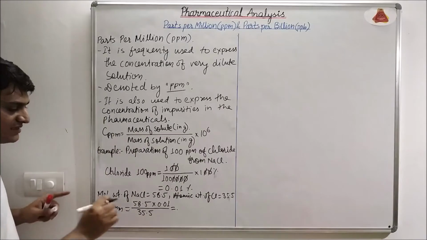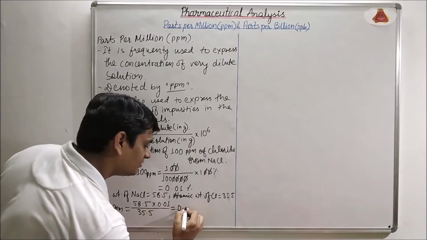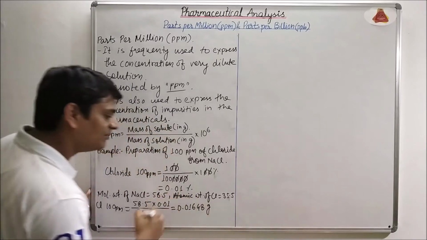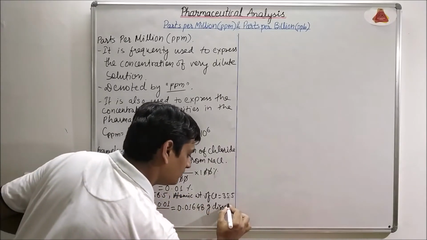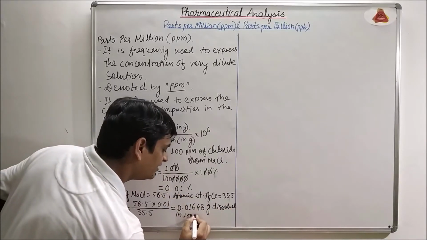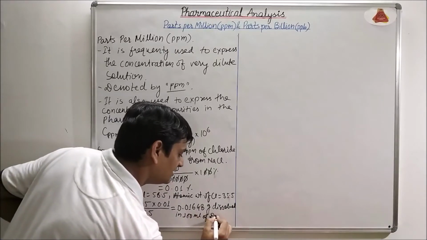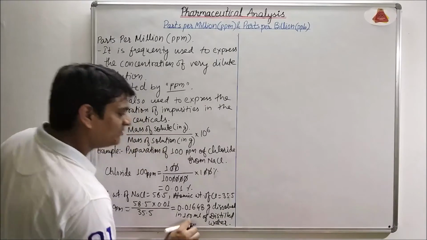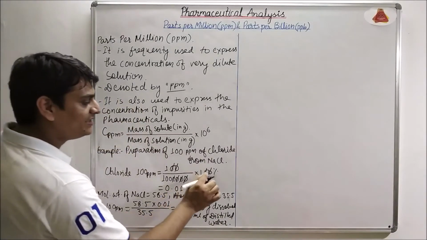After solving this we will get 0.01648 gram. It will be dissolved in 100 ml of distilled water. Why is it 100 ml? Because here we have taken 100%.